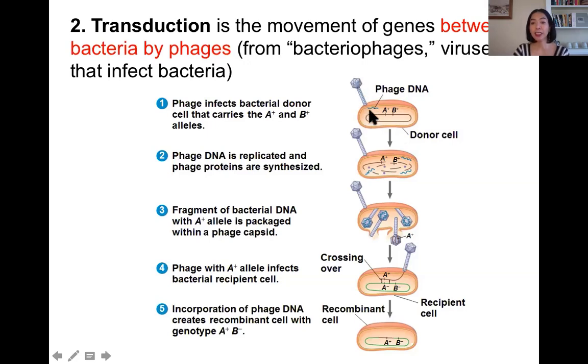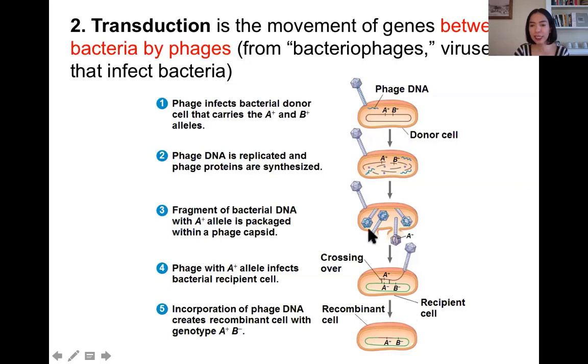This phage is injecting its DNA, and just remember, the phages use these bacteria to turn them into a factory of phages. So now that the DNA of the phage is inside of this donor cell, the bacteria is going to make all of the pieces to assemble many bacteriophages.